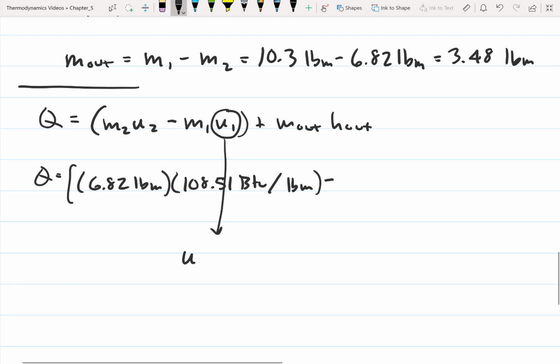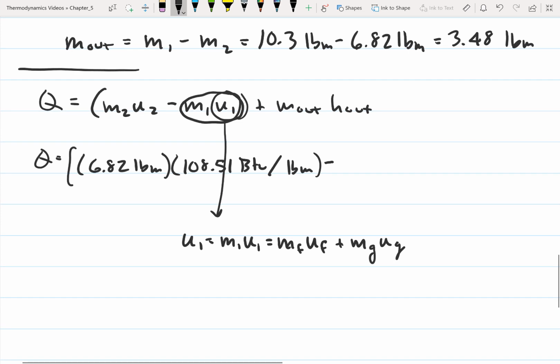So U1 is equal to, and I'm going to put the mass in here as well. I'm going to calculate all of this separately and then plug it into that equation that I'm solving. So this is M1 U1, and this is equal to the mass of the liquid multiplied by the internal energy of the liquid plus the mass of the vapor multiplied by the internal energy of the vapor.